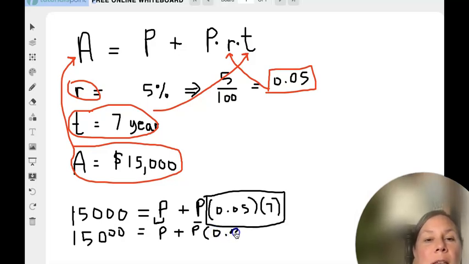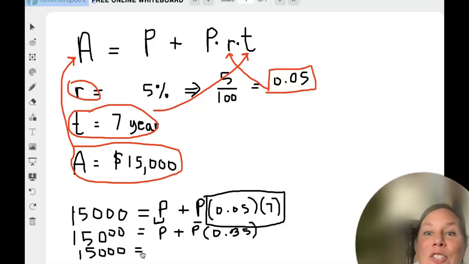0.35. Now, it's a little tricky when there's a P and a P plus. Notice what I'm going to do here. I have one P here and I have 0.35 P here. You might see it better if I rewrite it. I just want you to conceptually understand the math so it's not like magic. I have a whole P here, plus 0.35 P here.